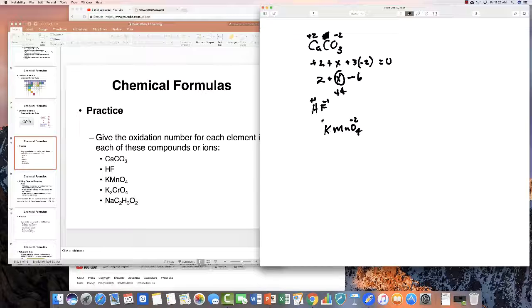This is a 1A element, so this is +1. So we start out with 1 plus something, x, plus 4 times a -2, and all of that has to equal 0. So 1 plus something -8 has to equal 0. So that means that Mn has to be a +7.